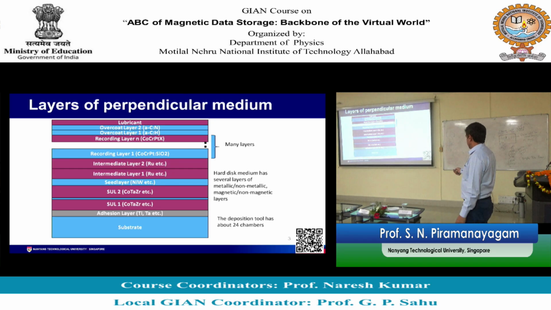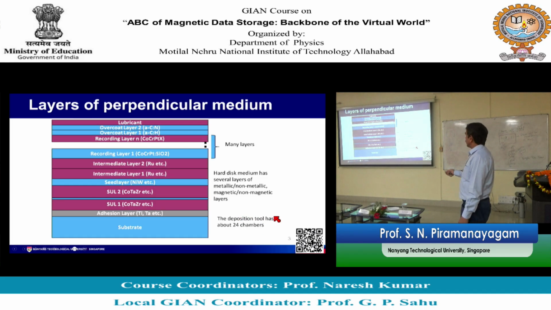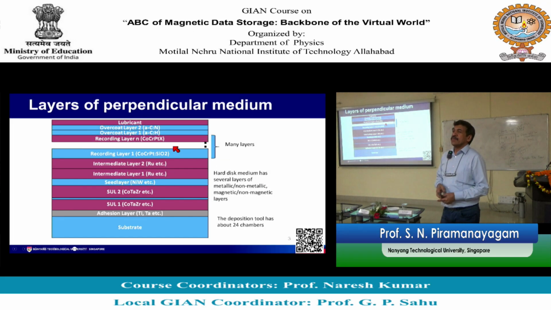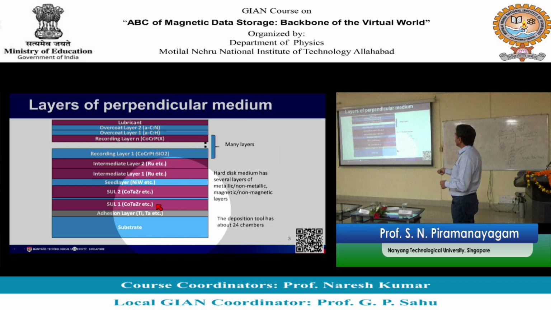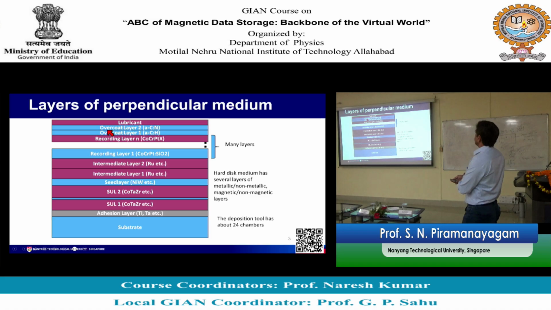Modern deposition tools may have about 24 chambers or even more, because when you have 24 layers, you sometimes need more than 24 chambers, because you may have to cool the sample or heat the sample. So, you need a heating station, all those things. Usually the chambers will be much more than the number of layers you see here.